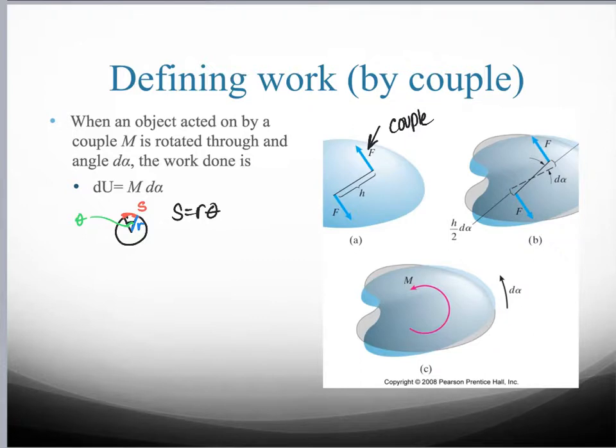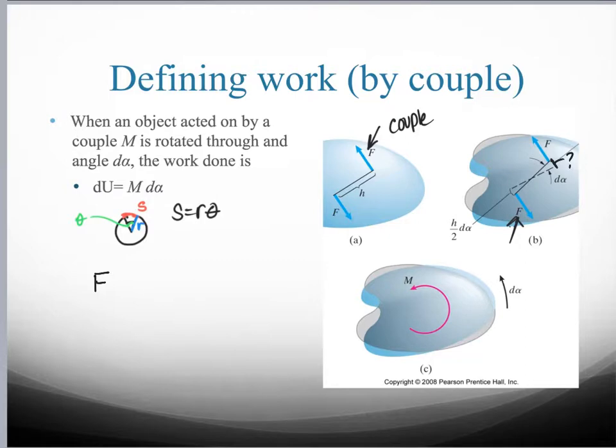So if we go to this picture, notice that these two forces acting as a couple have resulted in a displacement that is most easily described by the displacement in the angle, d alpha, for each of those forces. Now, how would we talk about the distance? That would be this distance right here.